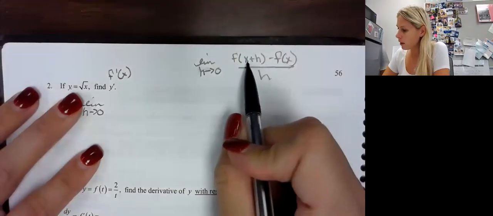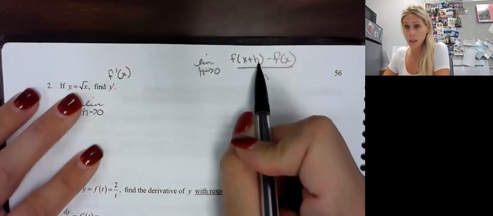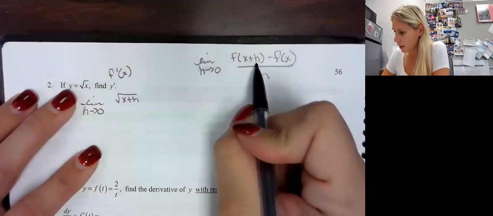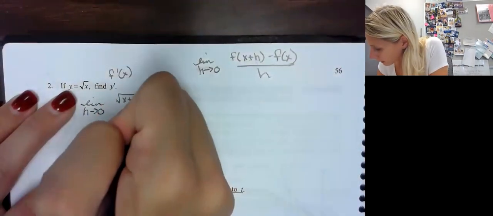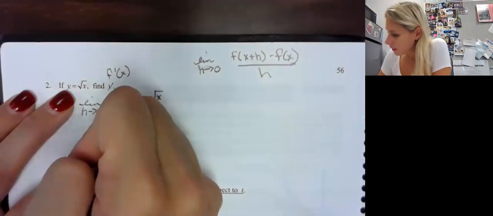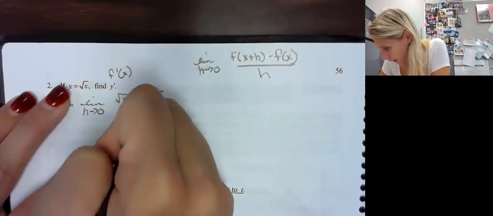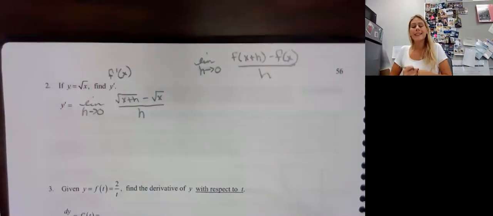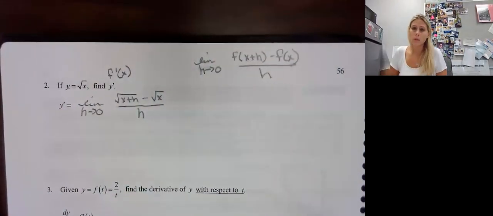We're going to put x plus h in for every x we see. So square root of x plus h, that's that first part, minus our original, which is square root of x, all over h. We did something like this in unit 0.